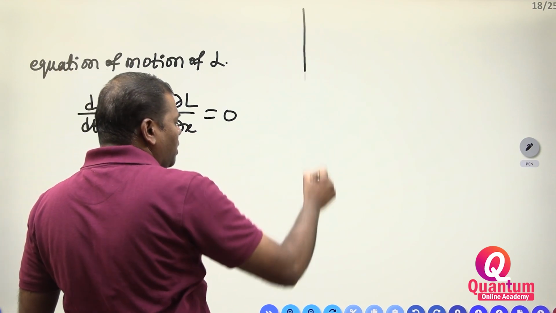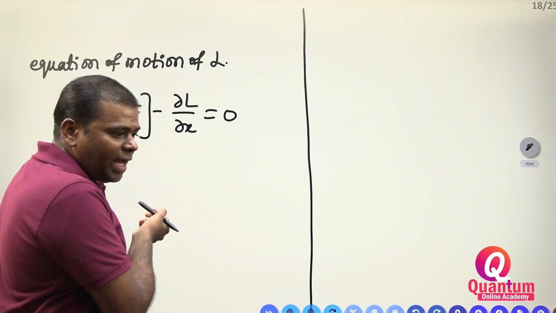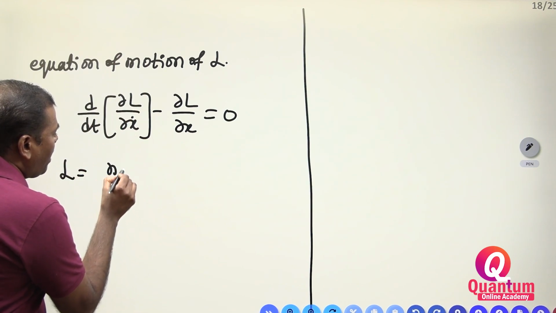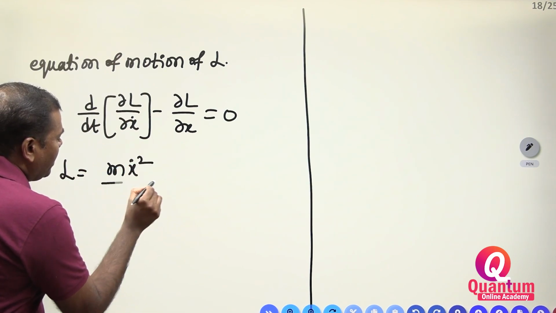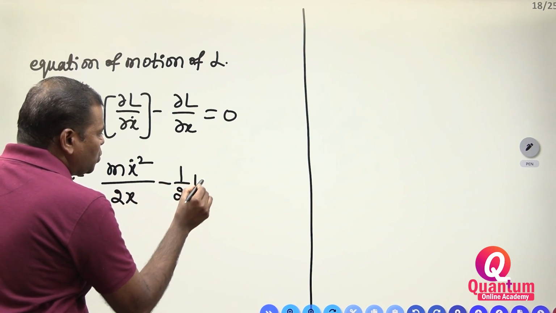This is the principle. What is your L? L we calculated just now: L = mẋ²/2 − 1/2 kx.